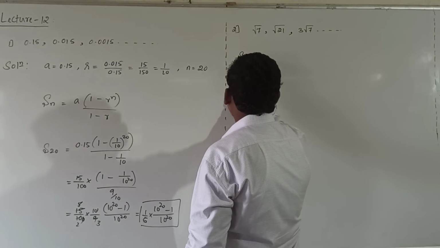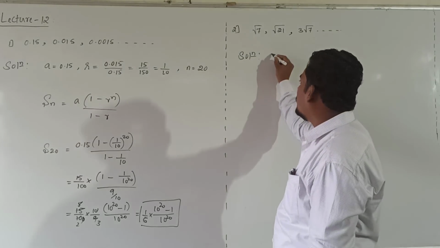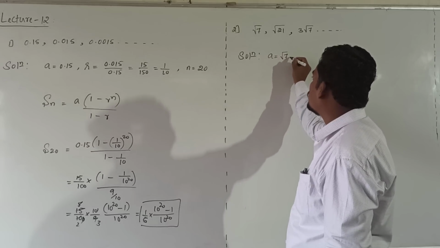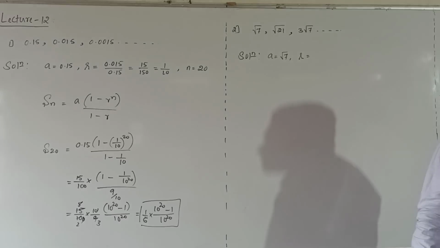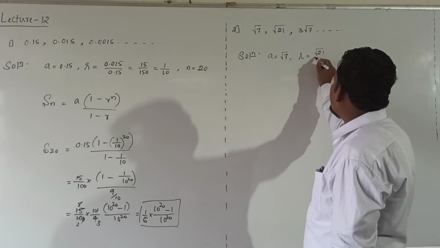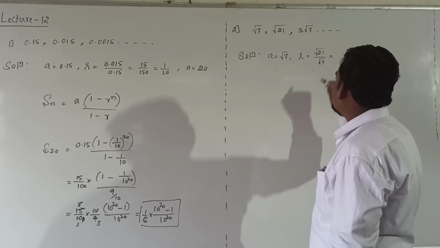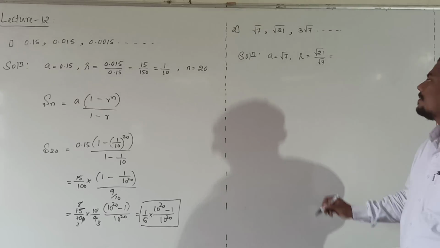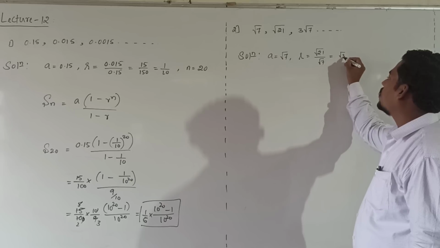What have they given? A geometric progression, and in that, what is small a value? The first term, that is root 7. Now define the common ratio r. Common ratio is root 21 divided by root 7. After simplification, root 21 divided by root 7 will be root 3.